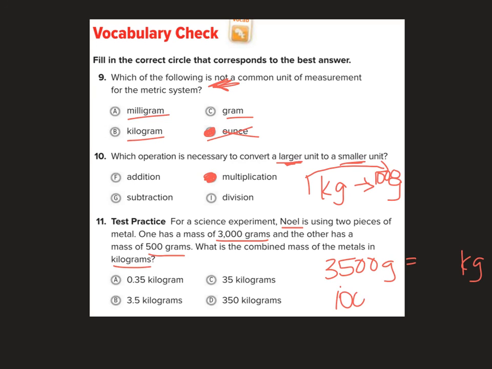Okay, so 1,000 grams equals 1 kilogram. To go from 1,000 to 1, I need to divide by 1,000. 1, 2, 3. 3.5 kilograms.